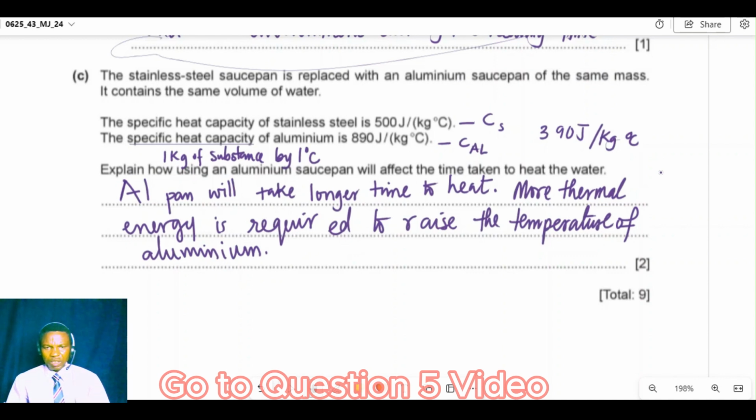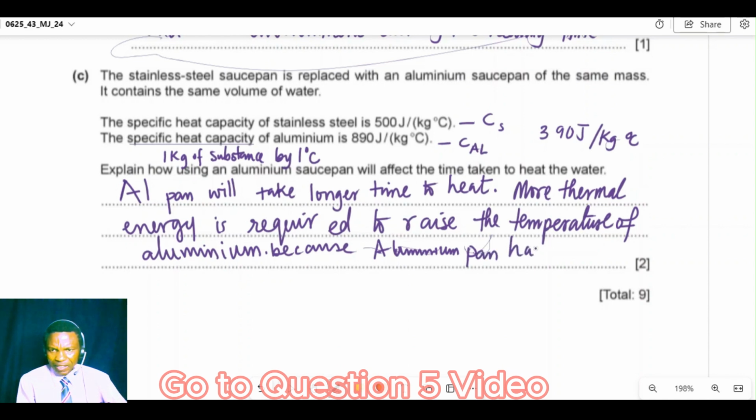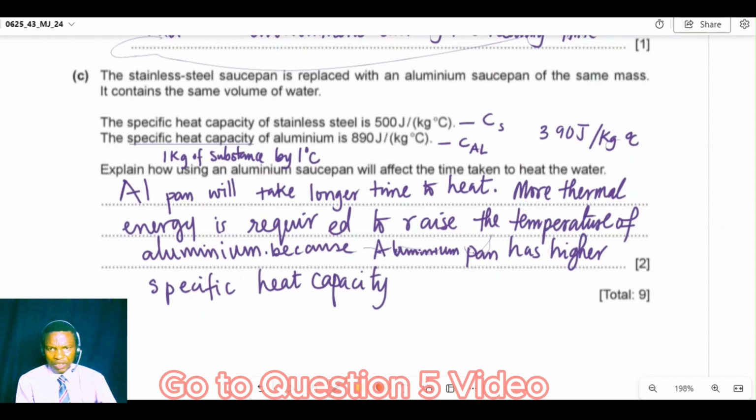Okay, when you just say, to heat the aluminium, because the aluminium pan has higher specific heat capacity, that is why it takes a longer time to heat than steel. Okay.